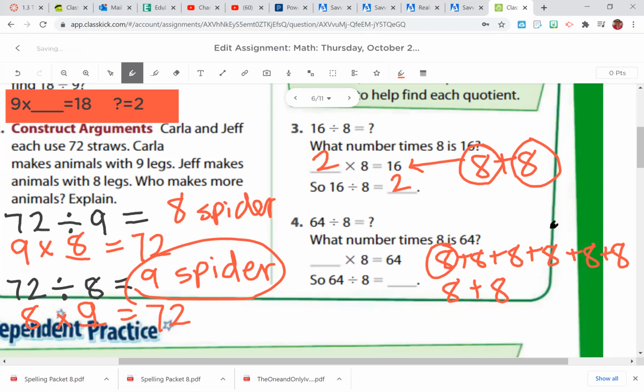That means I add 8, 1, 2, 3, 4, 5, 6, 7, 8 times. That means 64 divided by 8 equals 8.